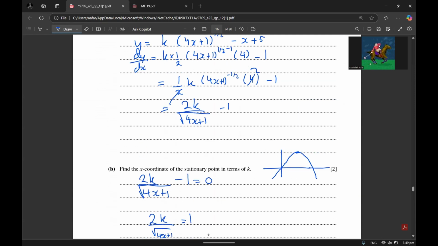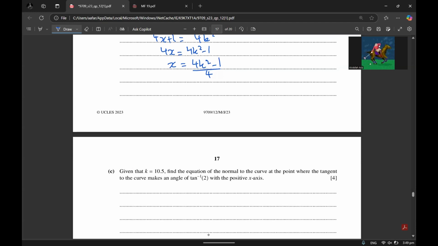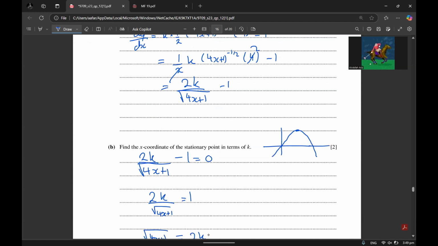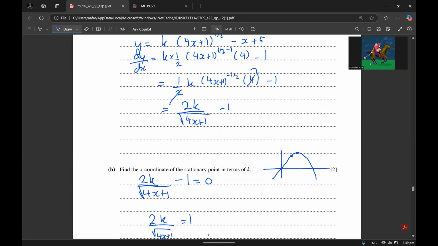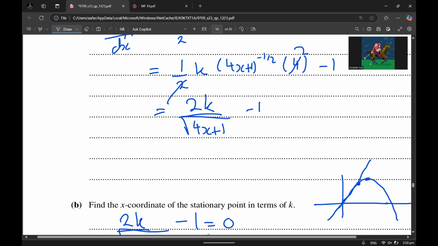Basically, it's saying that find the normal to the curve. Let's say this is the point, and this is the point. This has a tangent over here, and this tangent makes an angle of around 63.4 degrees, which is inverse tan of 2. Let's make this diagram a bit bigger.